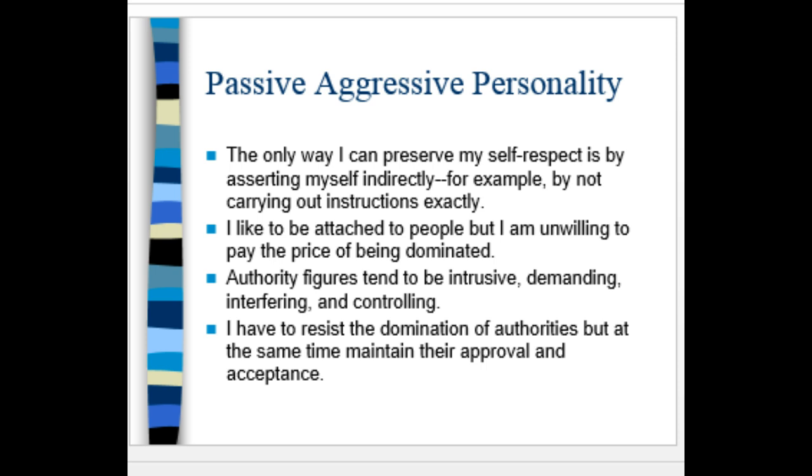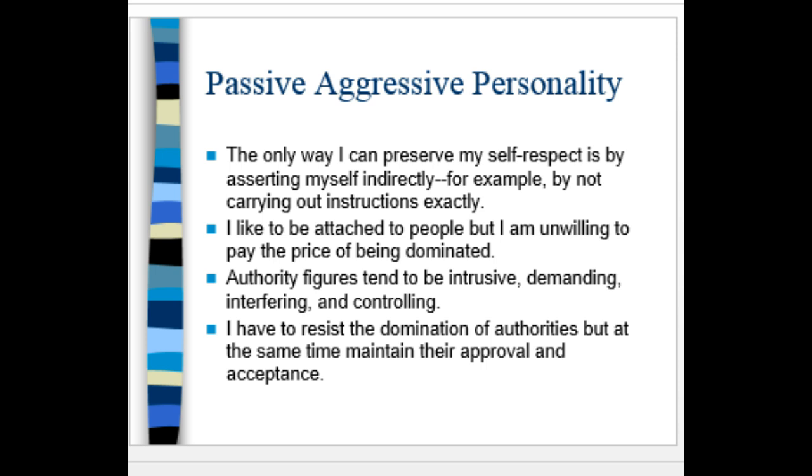First, the passive-aggressive patient is in their unconscious mind believing the following: the only way I can preserve my self-respect is by asserting myself indirectly. For example, I will not carry out instructions exactly as given.